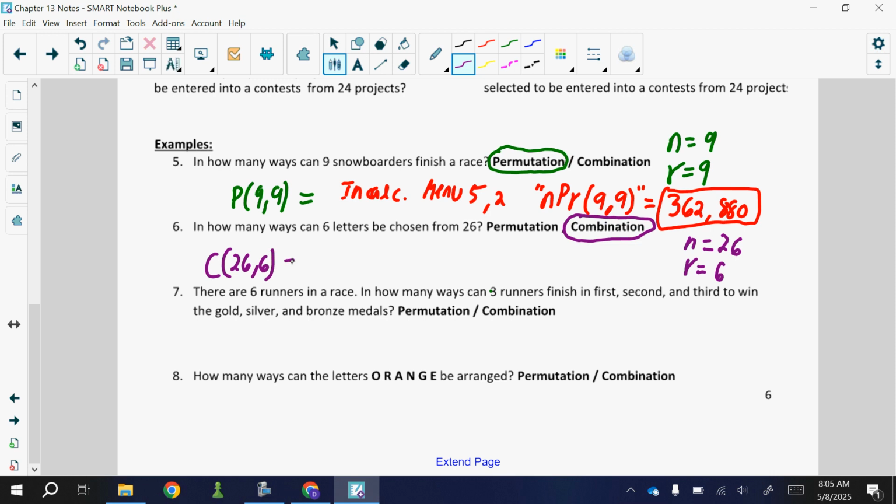Again, you go to menu 5, and then now you hit 3 after that to get to your combination, and it'll pop up in CR. So note that difference there to know if you've opened up the right one. Then you'll put 26 comma 6, hit enter, and it'll tell you the answer. If you do that, it should give you 230,230.